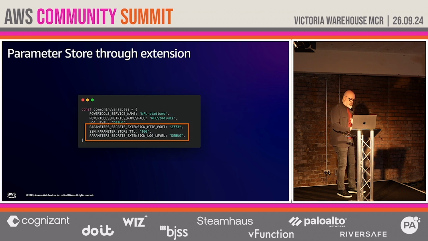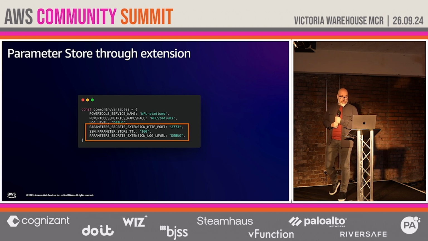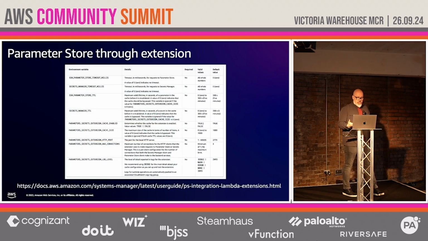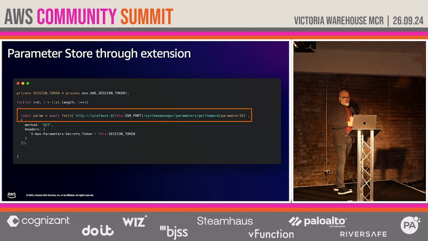You can configure this directly when you are setting the environment variable. So you can set, okay, I want a TTL of my cache of 100 milliseconds and so on. As you can see, you have a bit of flexibility. There are a bunch of configurations that you can have, and you can find more inside the documentation here.